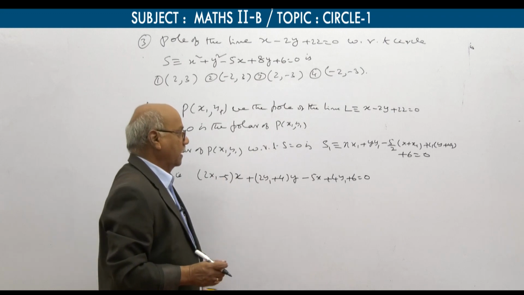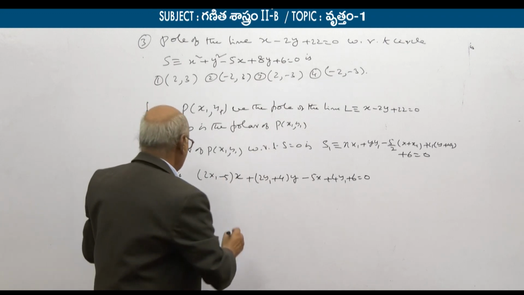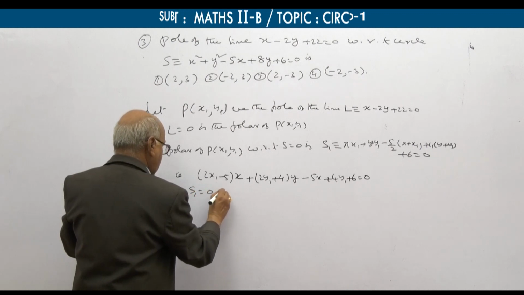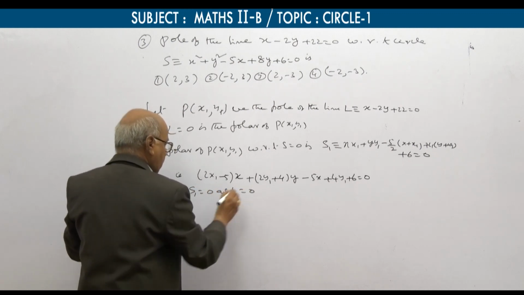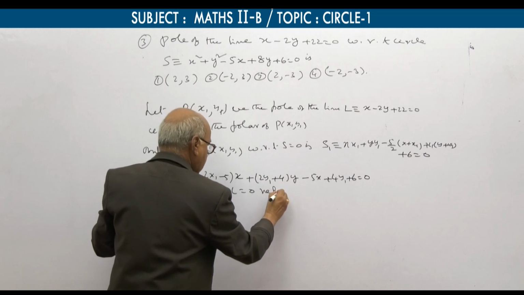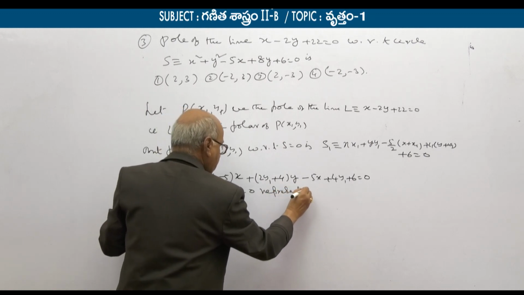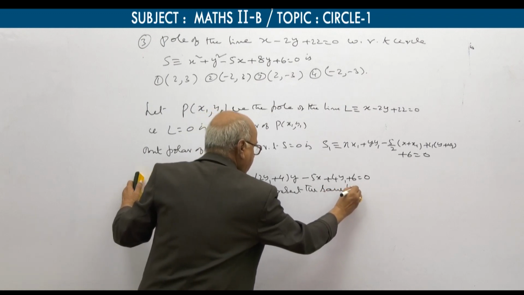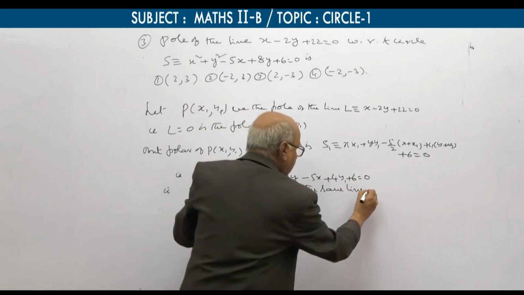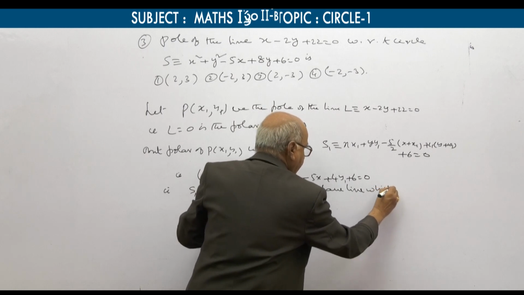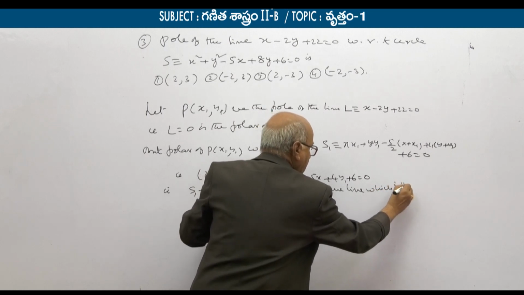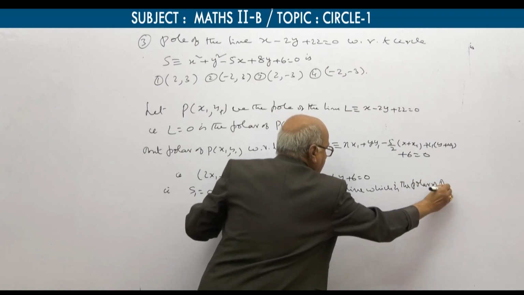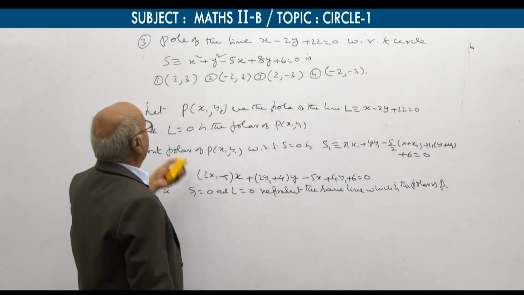On simplification this is S1 equal to 0, and L equal to 0 represent the same line, which is the polar of P.